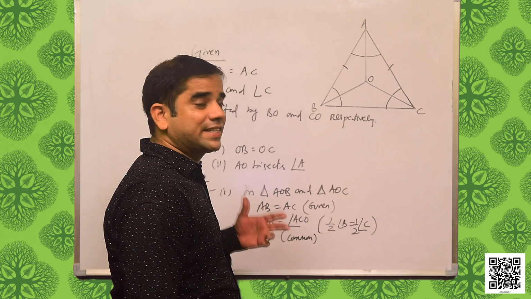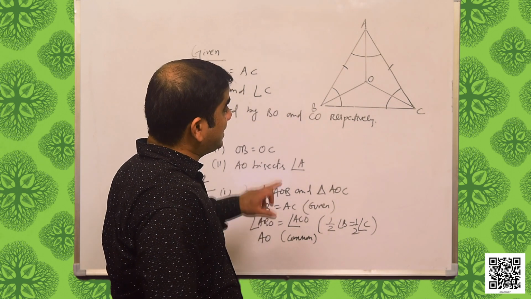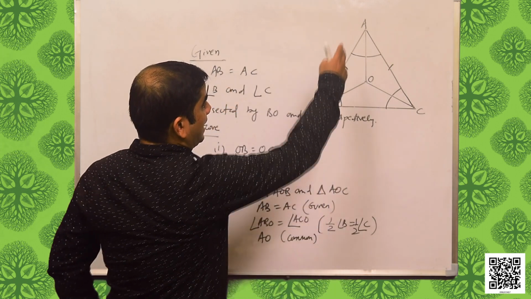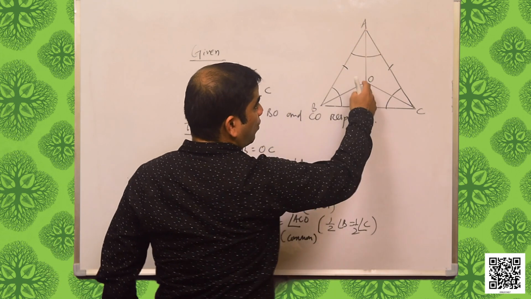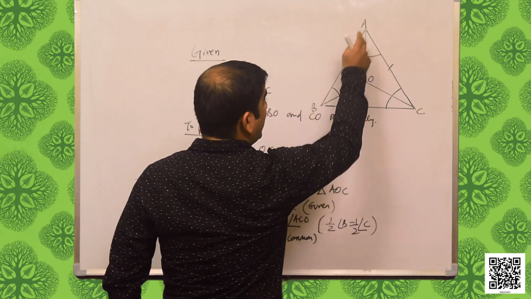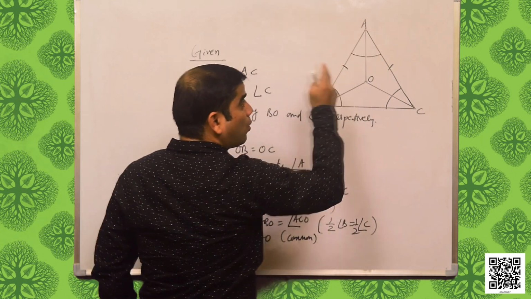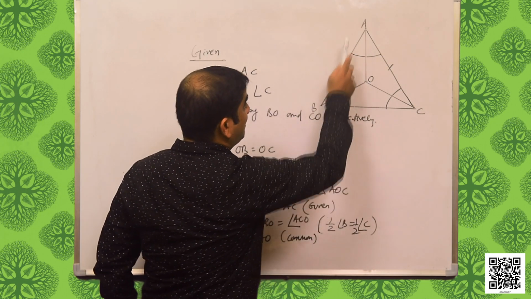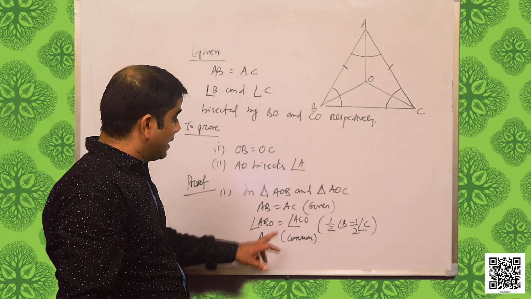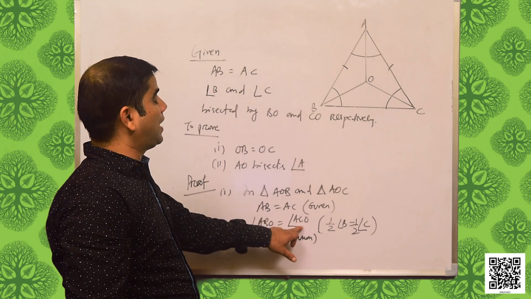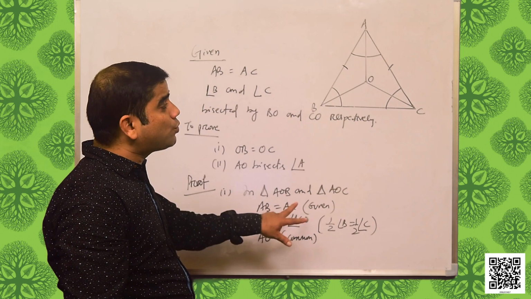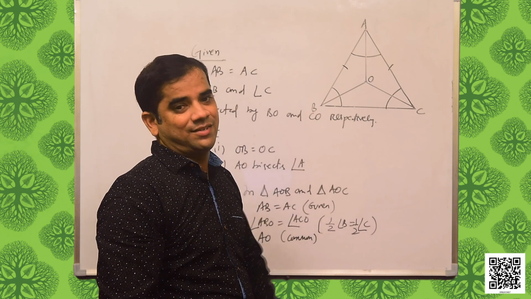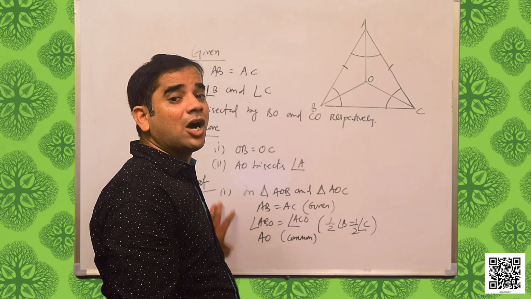So, let us check whether angle ABO is the included angle. AB and AO have the included angle BAO, not ABO, isn't it? So, though angle ABO is equal to angle ACO, these two angles are not the included angles of the respective triangles. That is why we cannot go for the congruency.